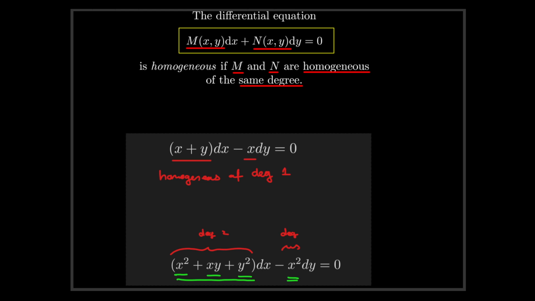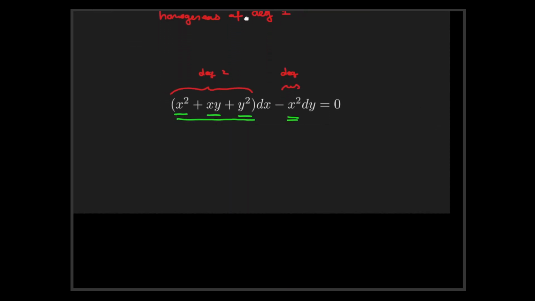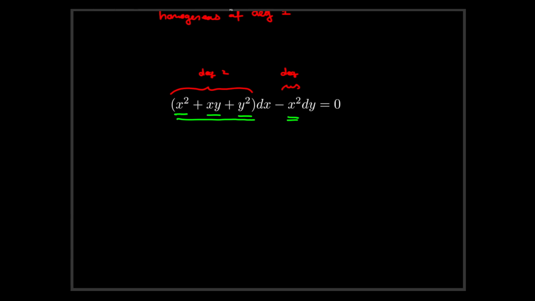Now the next question is, how do we solve homogeneous differential equations? To solve them, it's quite simple. We just make a substitution: y equal to xu, or x equal to yu.